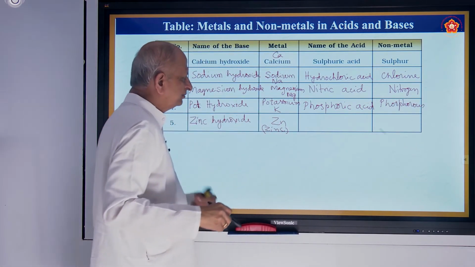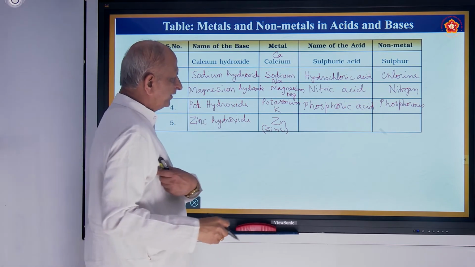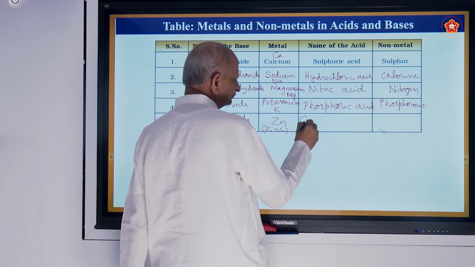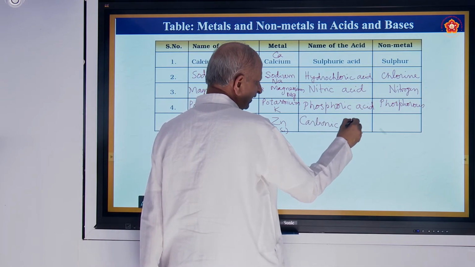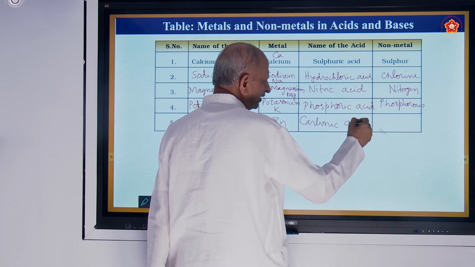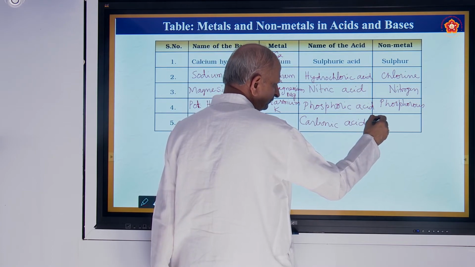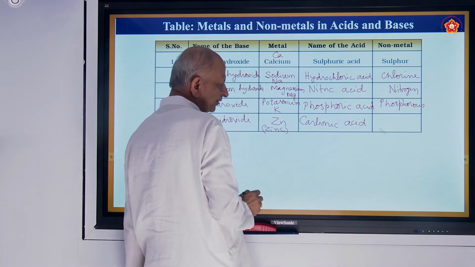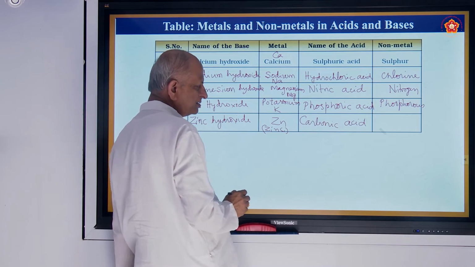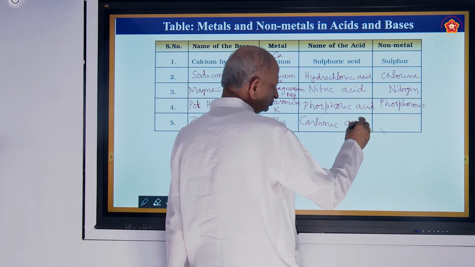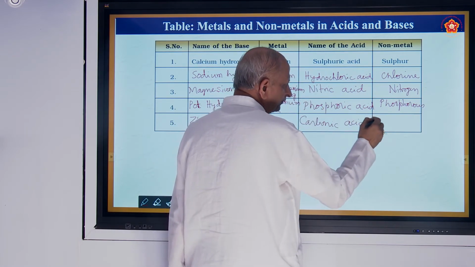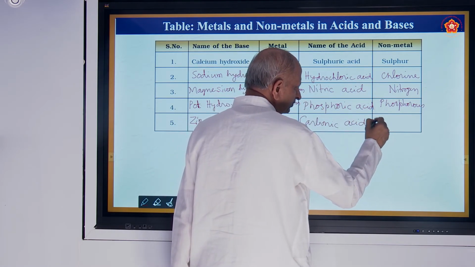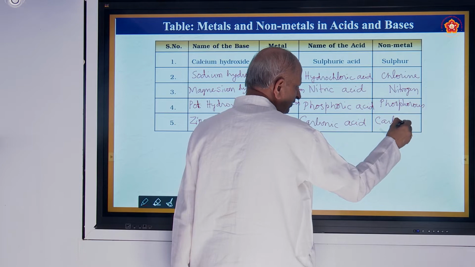Can you tell one more? Carbonic acid. Its formula is H2CO3. Carbonic acid. The non-metal present is carbon.